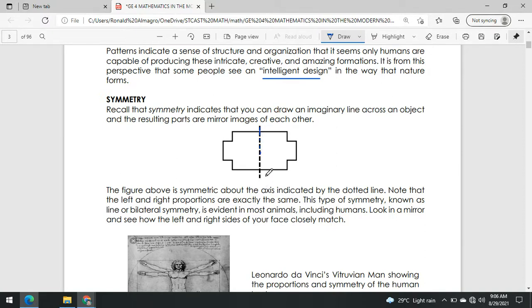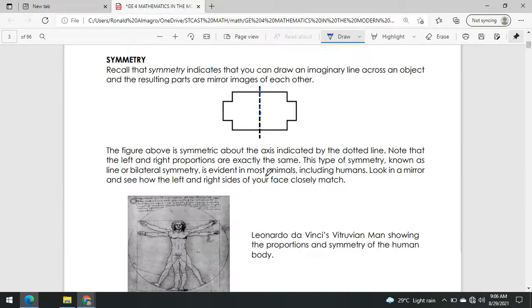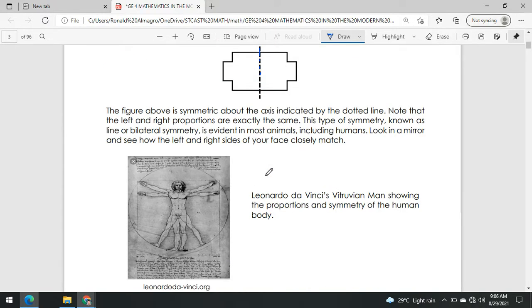The figure above is symmetric about the axis, indicated by the dotted line. Note that the left and right proportions are exactly the same. When we say proportion, it is equal, the left and the right.